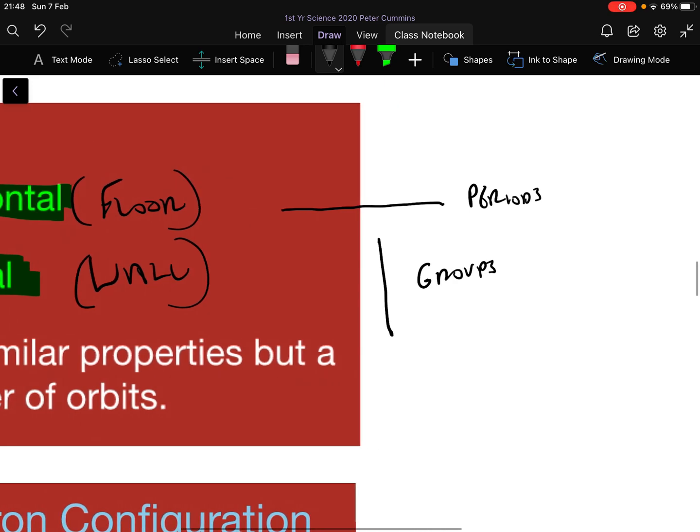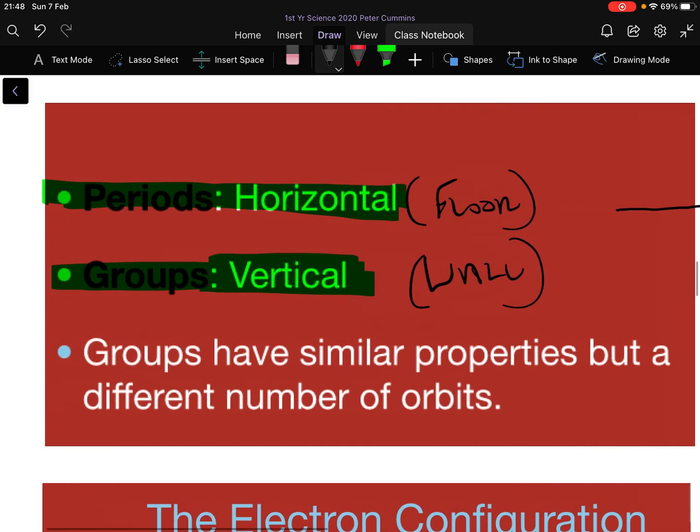Another way of putting it: periods or rows go across, groups or columns go down. Now, the difference is that groups have similar properties but different numbers of orbits. Okay, and we'll get to that.